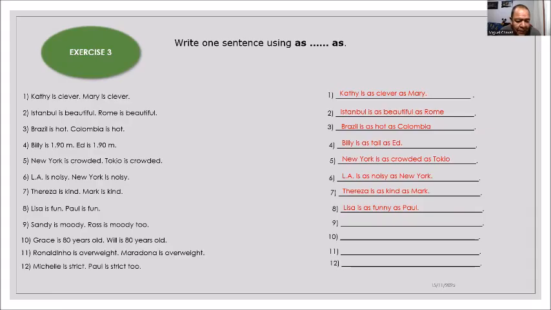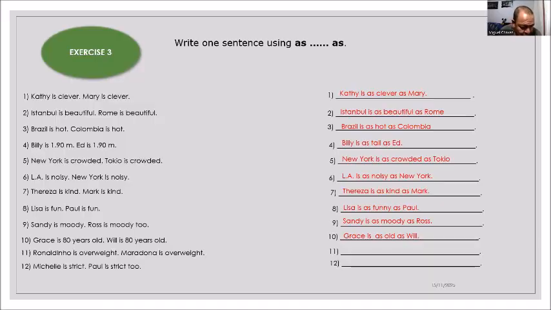Number 9. Sandy is moody. Rose is moody too. Sandy is as moody as Rose. Number 10. Grace is 80 years old. Will is 80 years old. Grace is as old as Will.